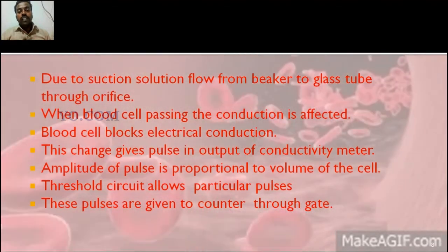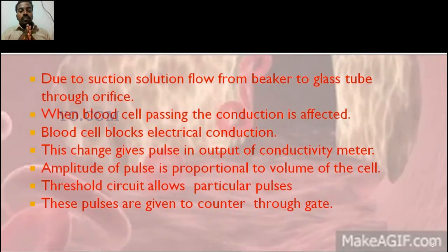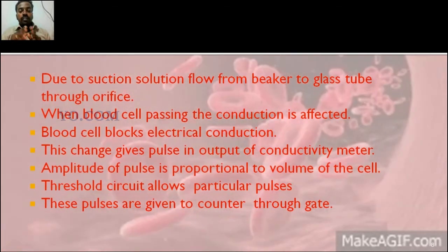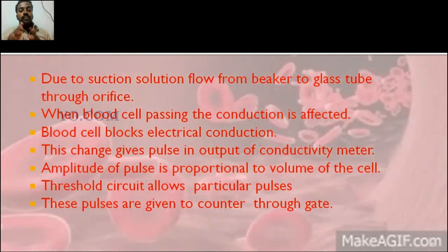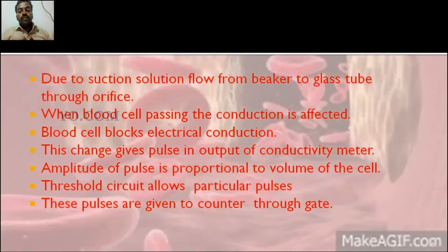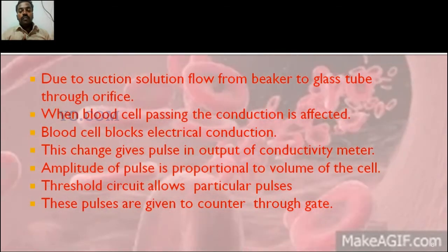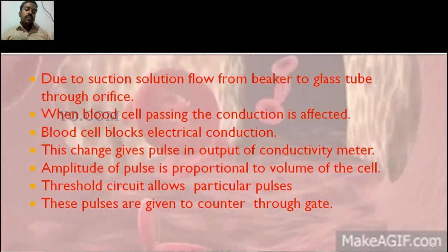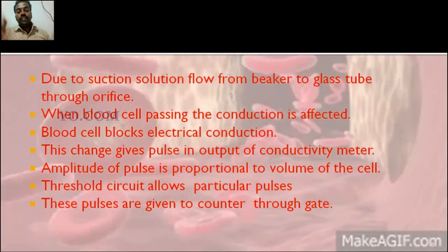The blood cell blocks electrical conduction. The change gives a pulse output of the conductivity meter. The amplitude of the pulse is proportional to the volume of the blood cell. So more blood cells flowing means the pulse amplitude is very high.